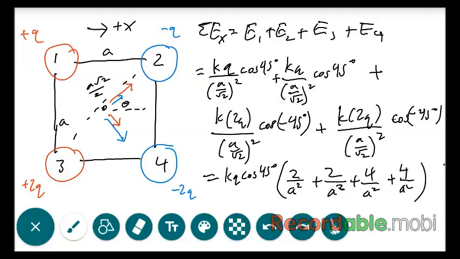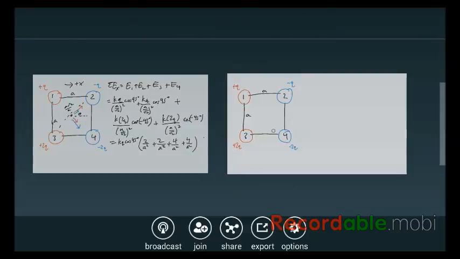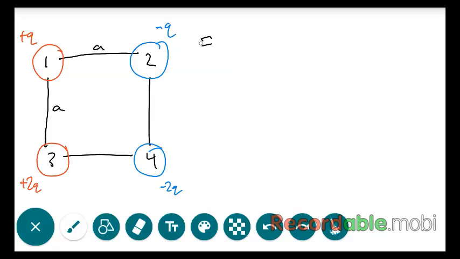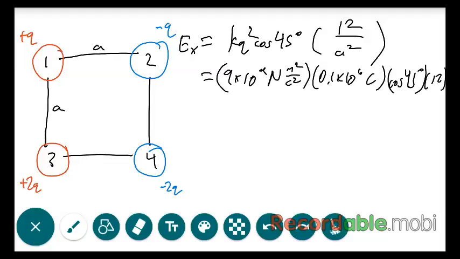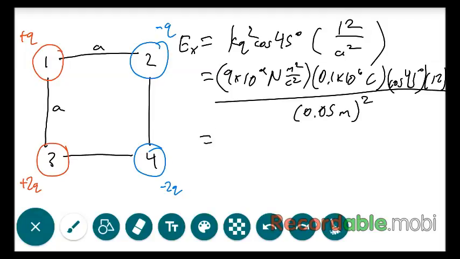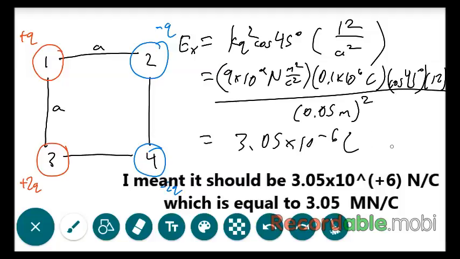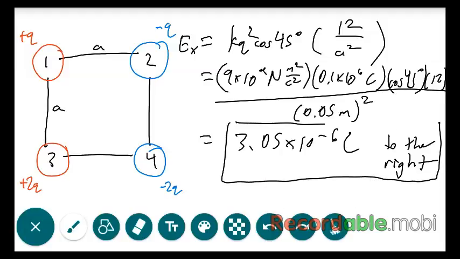Then going from there, we simplify that a little bit, and plugging it into your calculator, you will get 3.05 times 10 to the negative 6 coulombs to the right. And that is your answer to this problem.